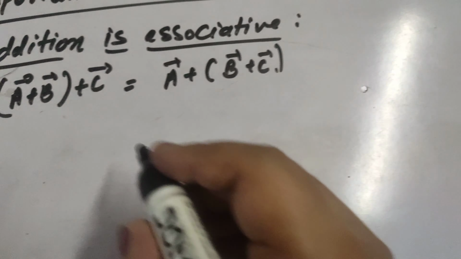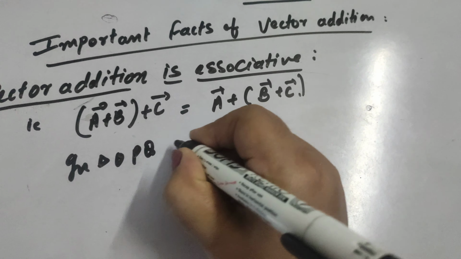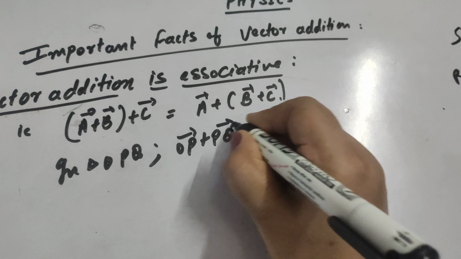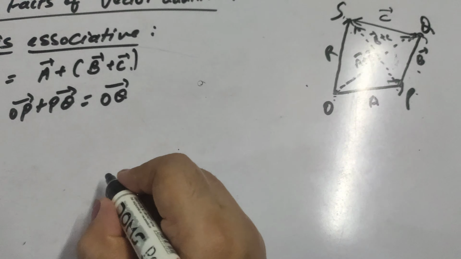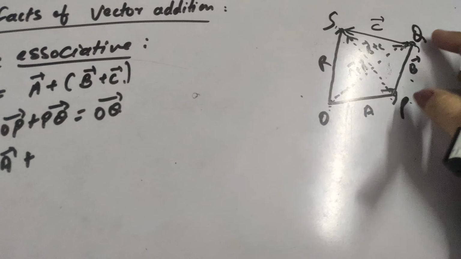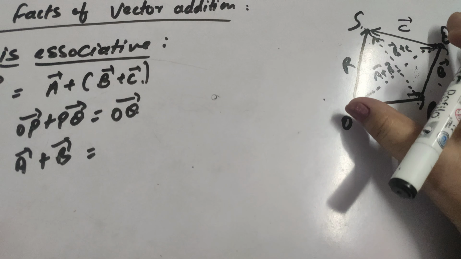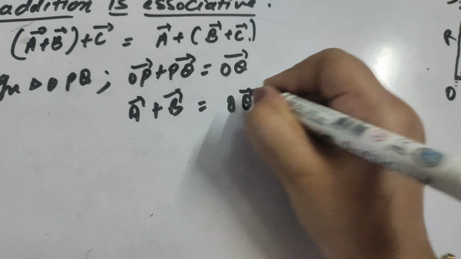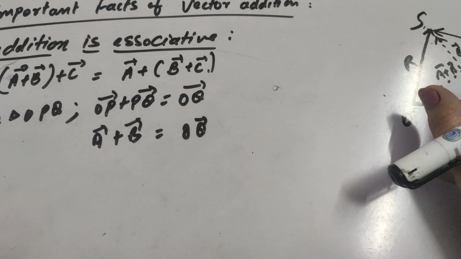So I will write here in triangle OPQ, OP vector plus PQ vector is equal to OQ vector, right? So OP is A vector plus PQ is B vector is equal to OQ, our resultant vector. So our OQ vector comes out to be A plus B.